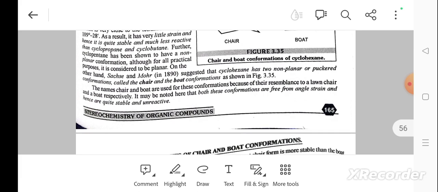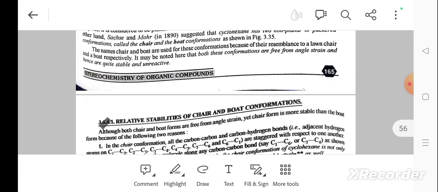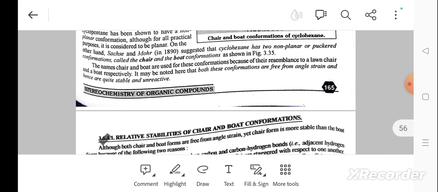On the other hand, Sachse and Mohr in the 1890s suggested that cyclohexane has non-planar, puckered configurations called the chair and the boat configuration, as in figure 3.35.